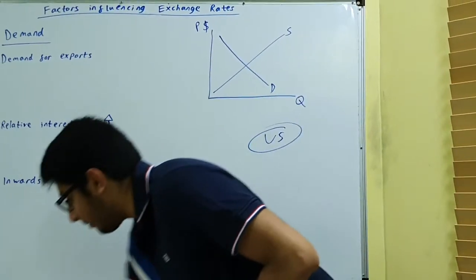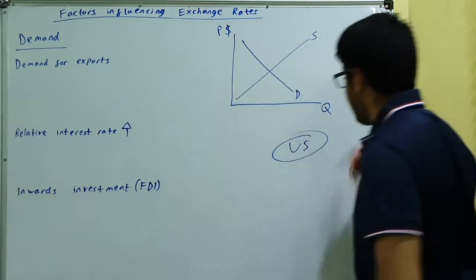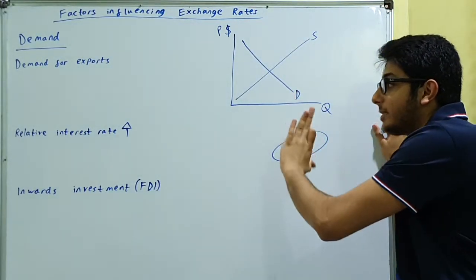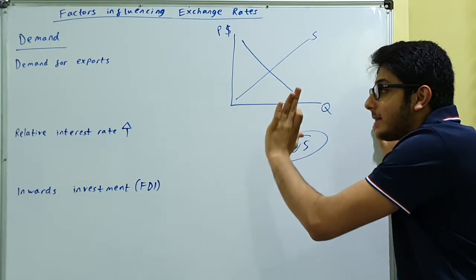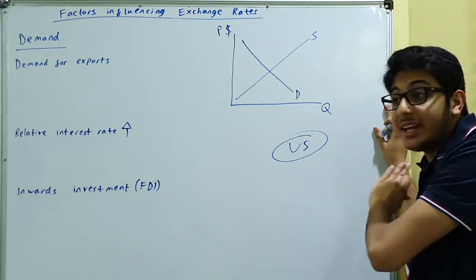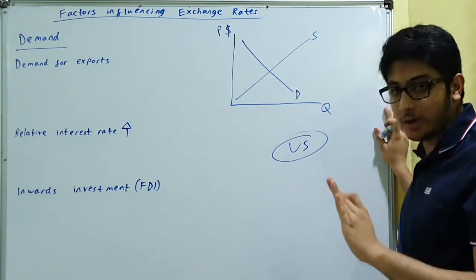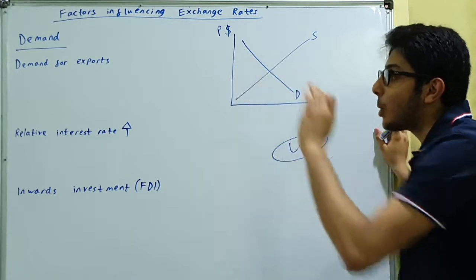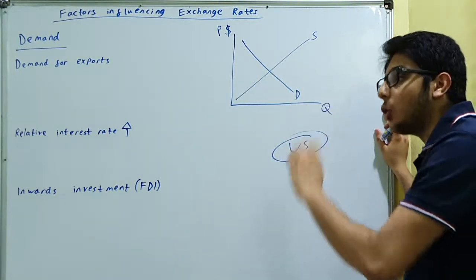So what happened there? Because a country is selling their exports, they're going to want to be paid in their currency. Not anyone else's currency, their currency. So if countries are going to buy your exports, they're going to need your currency.